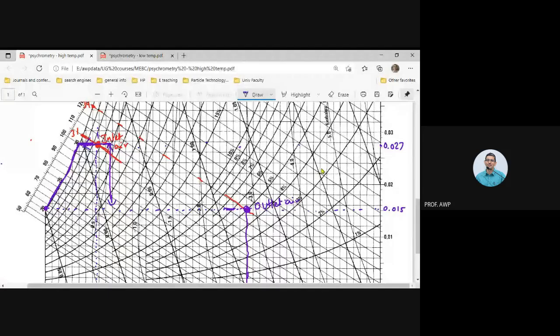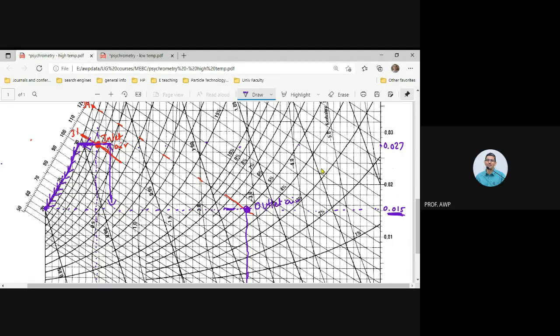We are going along this blue line, and now we are cooling. As we cool below 30 degrees centigrade, water is simultaneously condensing out and the humidity is reducing until we cool to 20 degrees centigrade. That's the place where we will want our air to be, because it is meeting the required humidity.